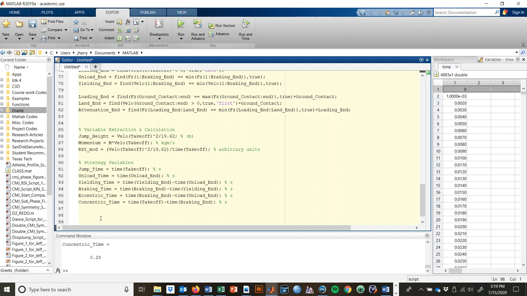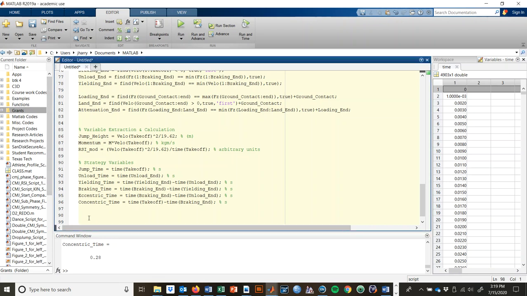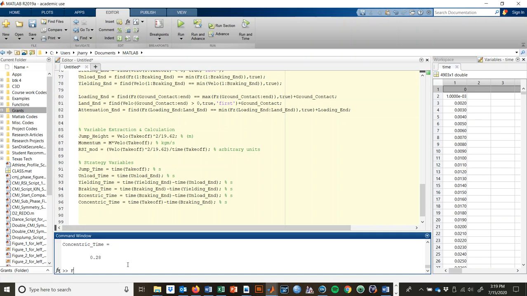And we're going to use that variable to hopefully get a better interpretation, at least an easier interpretation from a coaching perspective. So let's just not script this, but pull in the command window, and we'll take the force value, FZ, at unload end, right? 615 newtons.